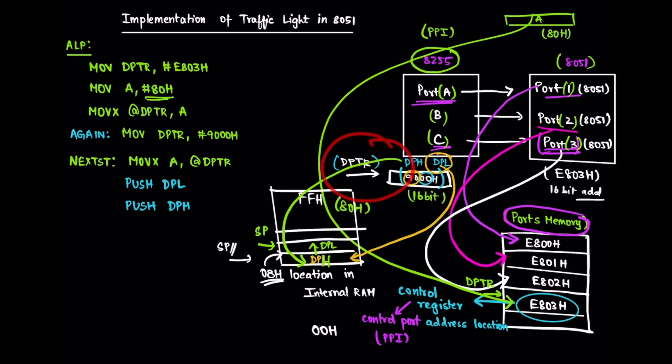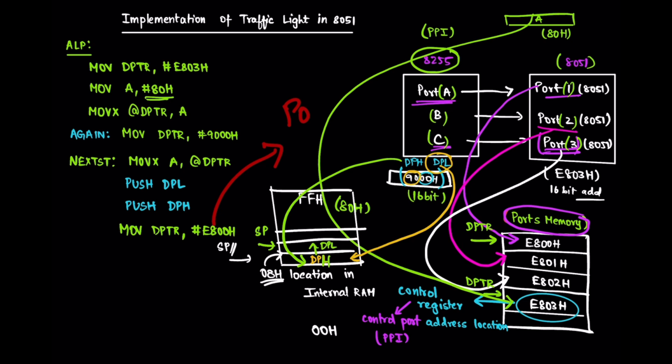Now I'm going to make this DPTR point to the address location of port A, which is E800. Very important. So now DPTR is going to point here, and for that I have to write MOV DPTR, #E800H, and this corresponds to port A. Now I had stored the value present at 9000H in the accumulator.